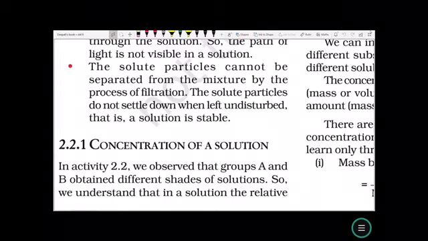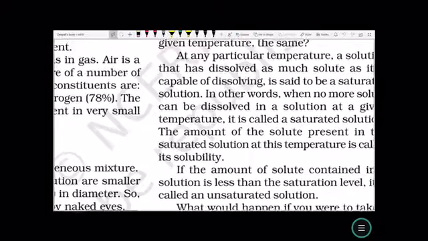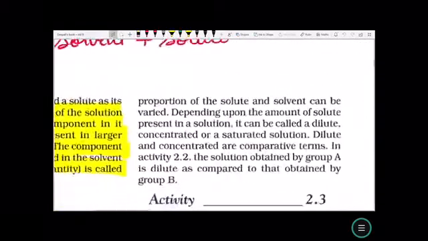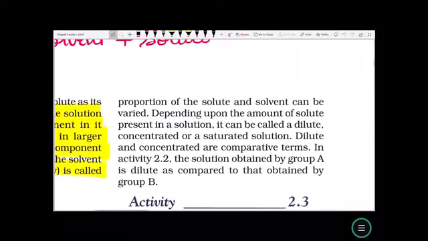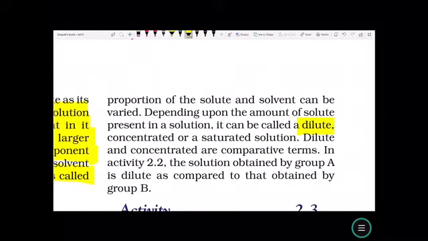In activity 2.2, we observed that group A and group B obtain different shades of solution. So we understand that in a solution, the relative proportion of the solute and solvent can be varied. Depending upon the amount of solute present in a solution, it can be called dilute, concentrated or saturated solution.